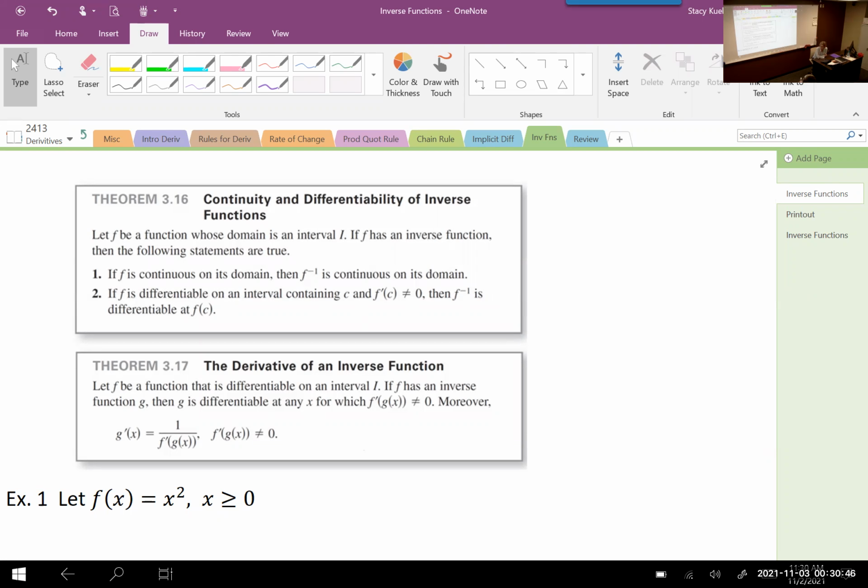We had to restrict them. So if you have an inverse, the following is true: f is continuous and the inverse is continuous on its domain. If f is differentiable on that interval containing c, and f prime of c is not equal to 0, then the inverse is also differentiable at c.